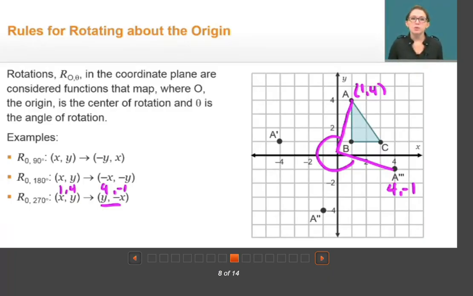Note that the angle when rotating 270 degrees looks like rotating -90 degrees, and I'll point that out right here. But remember that we are rotating counterclockwise. A rotation of -90 degrees would go 90 degrees clockwise, which looks the same as a 270-degree counterclockwise rotation.